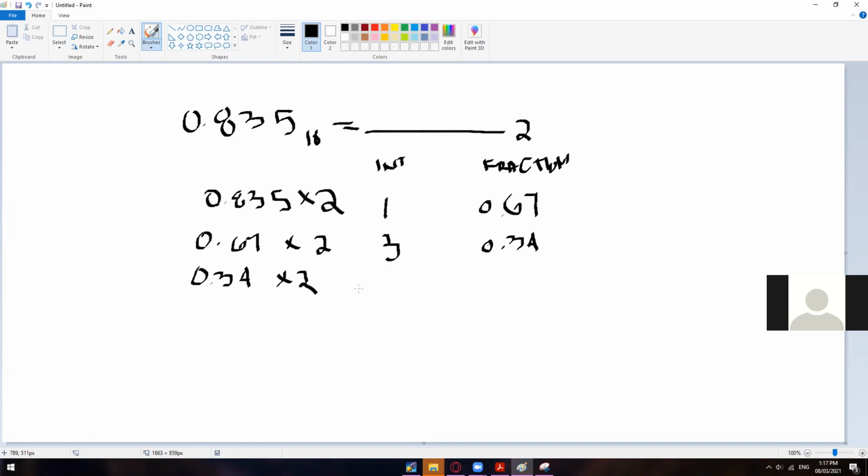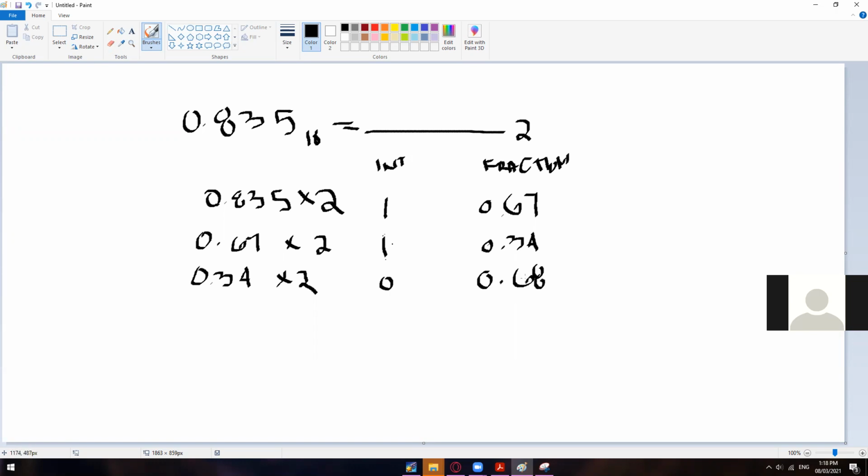I made a mistake, this one is not 3 but 1. And then 0.34 times 2 is 0.68.